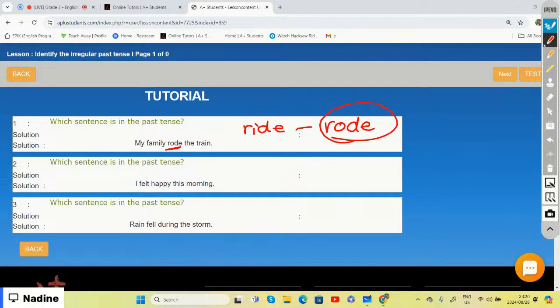Then, which sentence is in the past tense? It says, I felt happy this morning. I felt happy this morning.